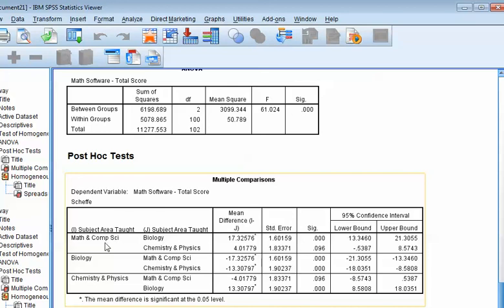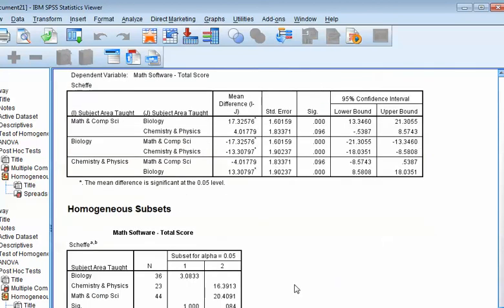Specifically, math is significantly greater than biology, not surprisingly, on the use of math software. That's what we're looking at. And then we look at math and chemistry and physics, and there's the difference, but that's not significant. It's over 0.05. And then we've got biology and math, that's flipped around, but biology and chemistry and physics, there is a significant difference too.